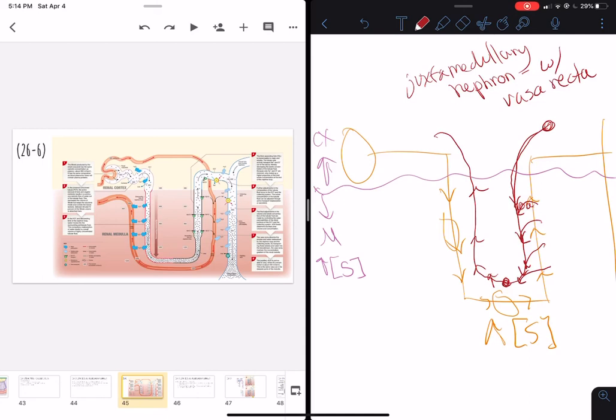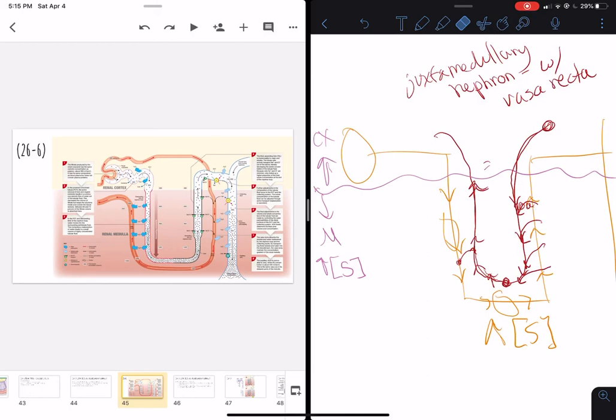As we keep moving back up towards the cortex, we want to dilute that solute concentration. So as we gain more of those solutes, now we want to dilute it, and because of that, water is going to want to move out of the nephron from the descending limb and out into the vasa recta. So we keep doing this in order to dilute the solute concentration, and by the time we get up here, hopefully we're at about equal solutes to water, or we're in an isotonic solution.